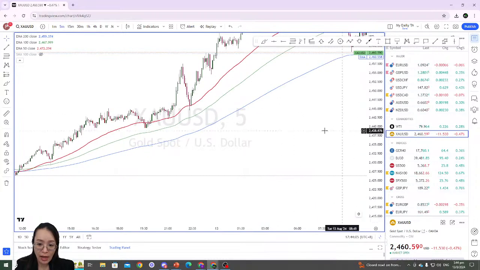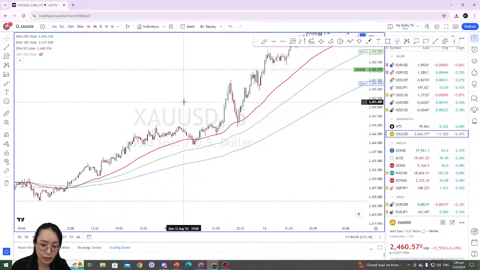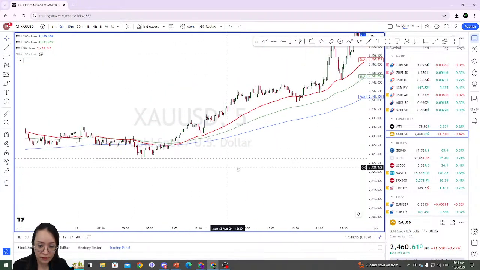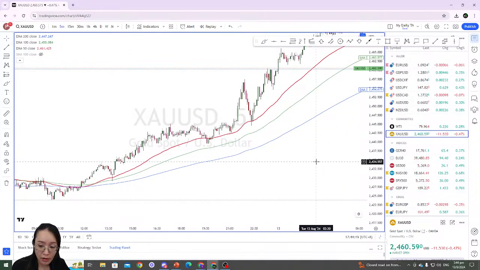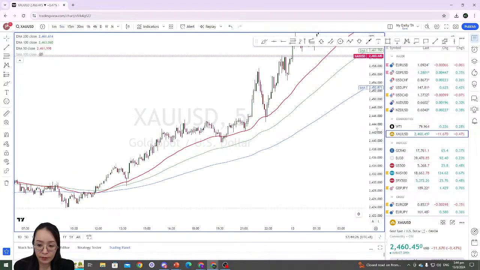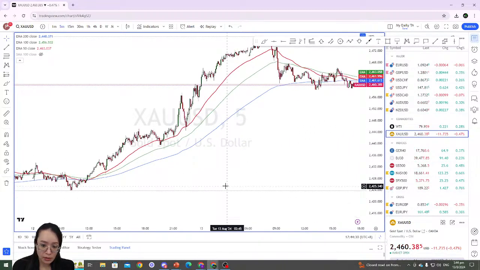For a very strong uptrend, if you want to hold your buy or sell position, either in M5 or M15, let's go to M5. For EMA 50, it really works well if gold is trending. Those are trending markets. You can see that these are 3 EMAs.